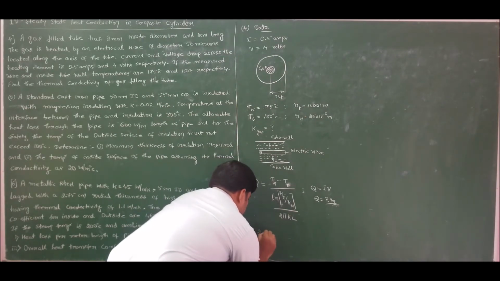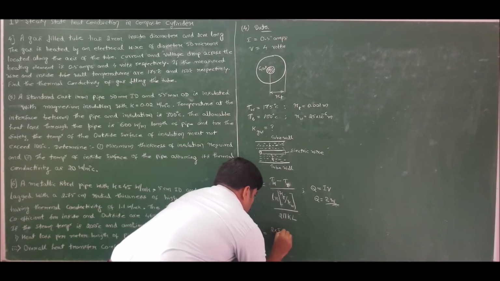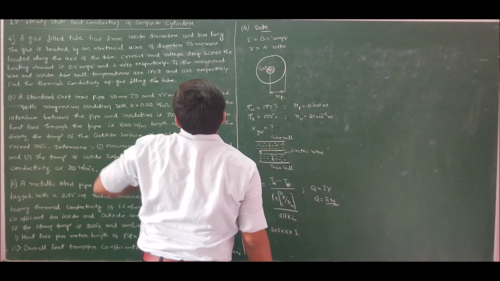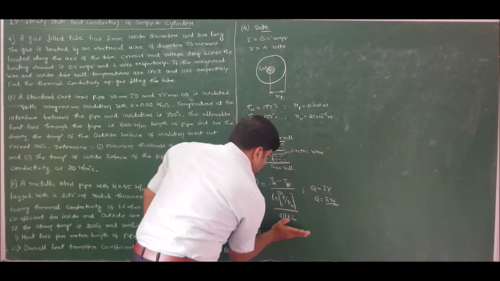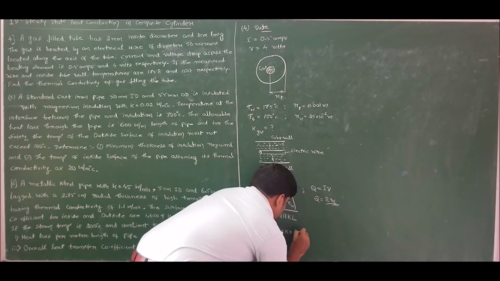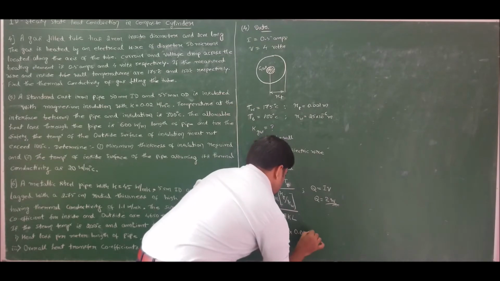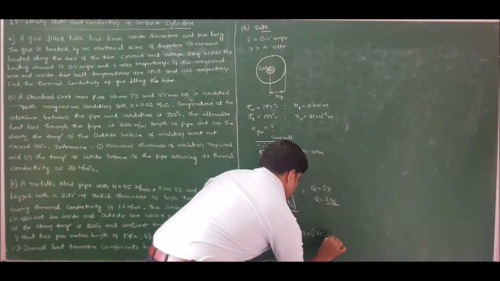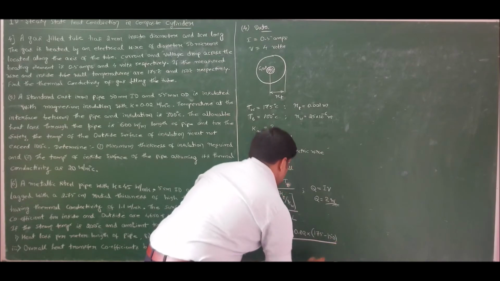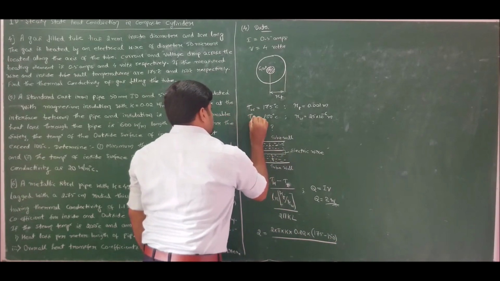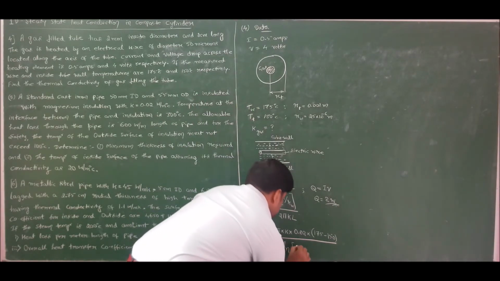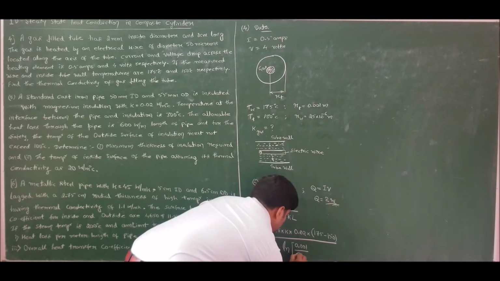That is, 2 watts is equal to 2 into pi into K into length, which is given as 2 centimeters, so the length is 0.02 meters, times the wire temperature 175 degrees Celsius minus the tube temperature 150 degrees Celsius, divided by ln of radius of tube 0.001 divided by 25 into 10 to the power of minus 6.